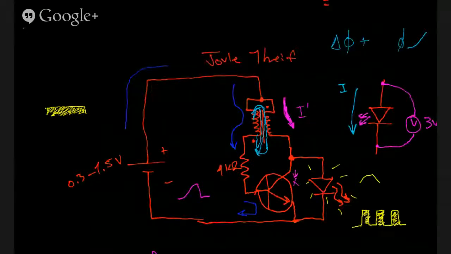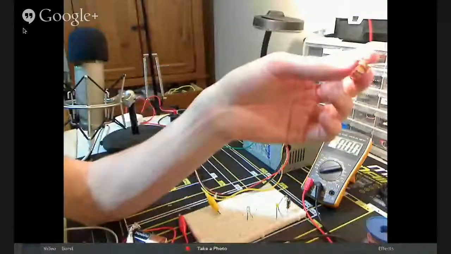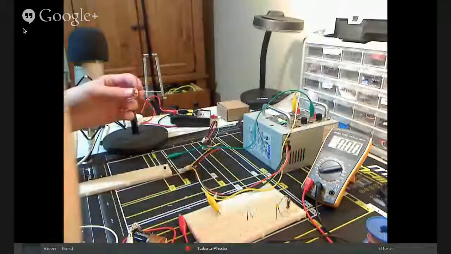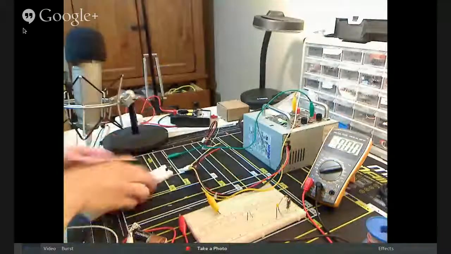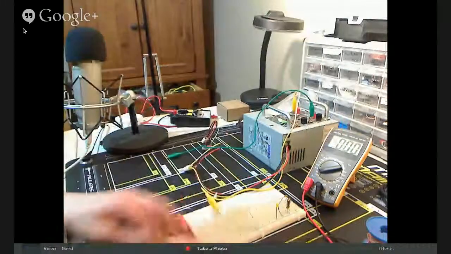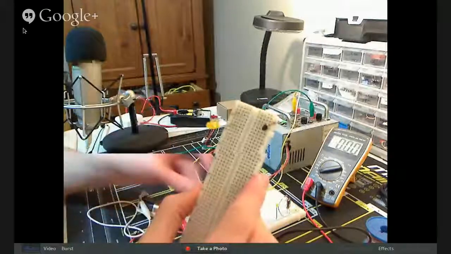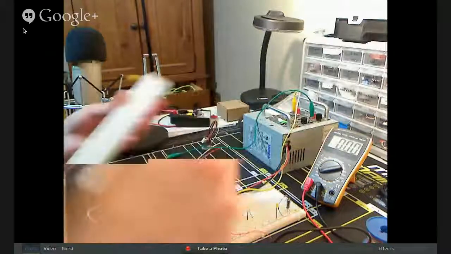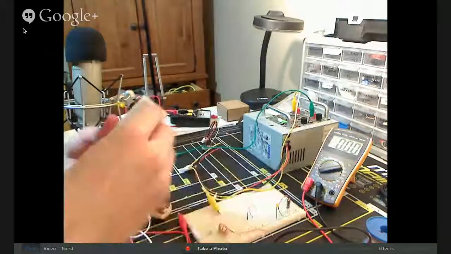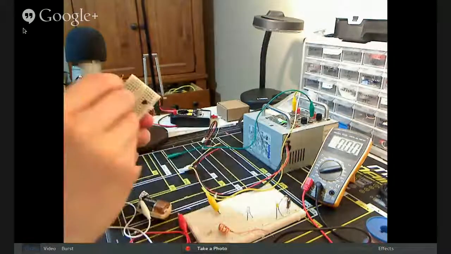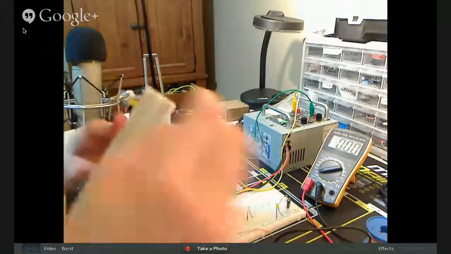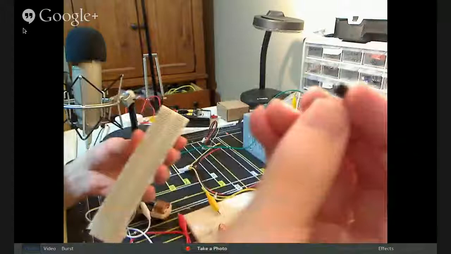Alright, so the pair we twisted together will be connected to the positive side of our battery. And then we'll build the rest of the circuit on our little breadboard here. Start with the transistor. It'll have a flat side, it's kind of D-shaped.